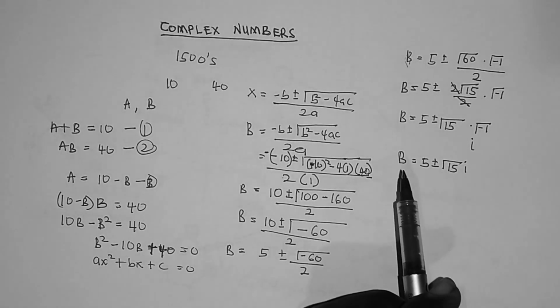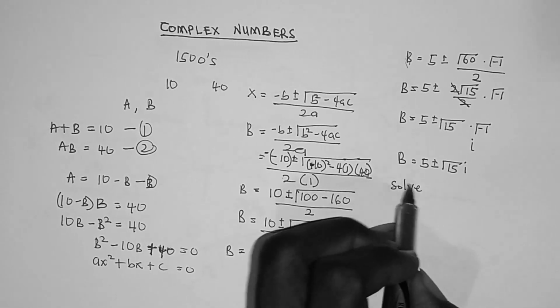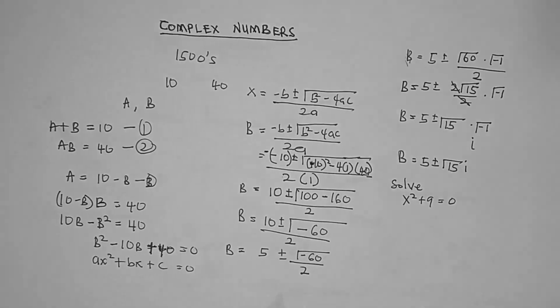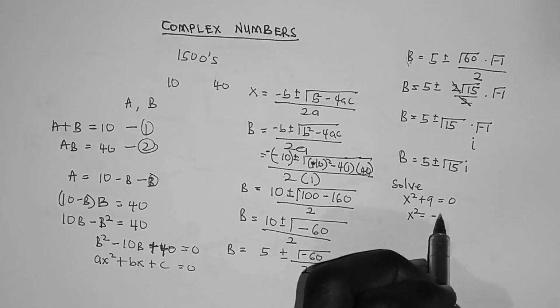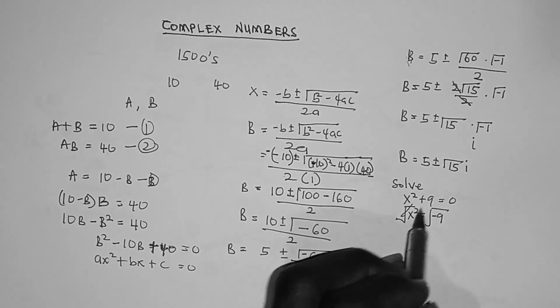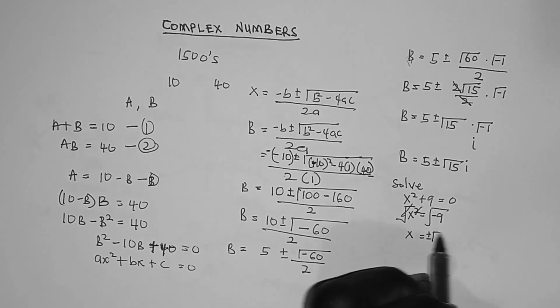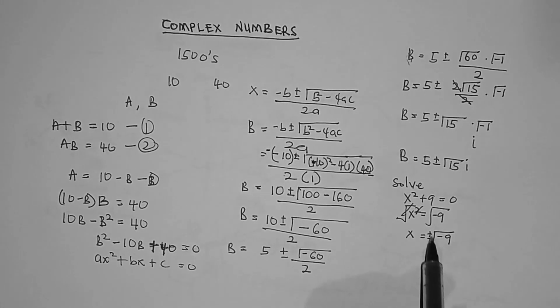Let's solve this other question. Solve x squared plus 9 equals 0. So x squared is equal to minus 9. We take the square root of both sides. So x is equal to plus or minus square root of minus 9. You can see that we can't find two numbers that when you multiply, you will get minus 9.